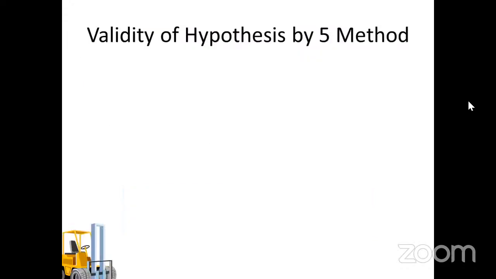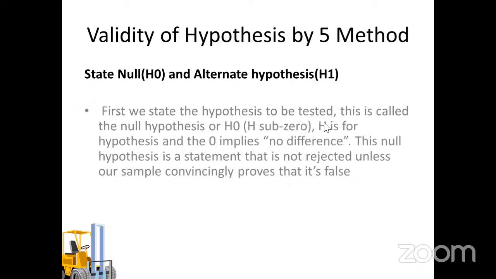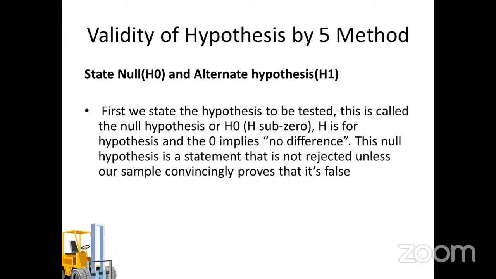Next, we are going to talk about validity of hypothesis by 5 methods. The first method is to state the null hypothesis H sub 0 and the alternate hypothesis H sub 1. First, we state the hypothesis to be tested. This is called the null hypothesis, or H sub 0.